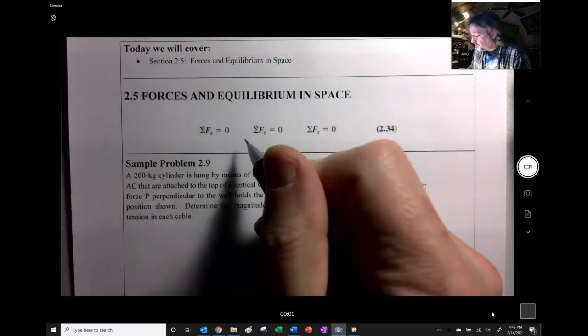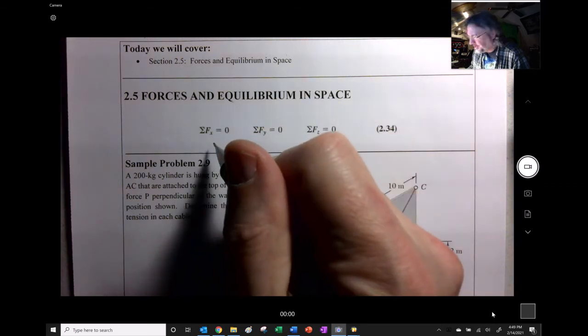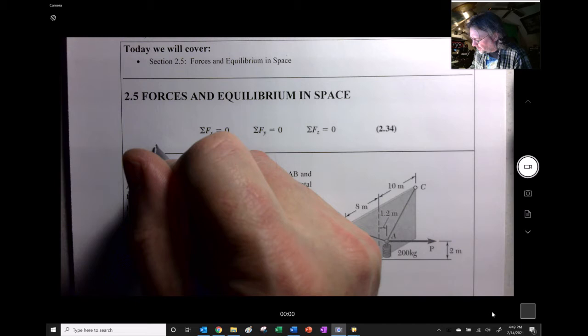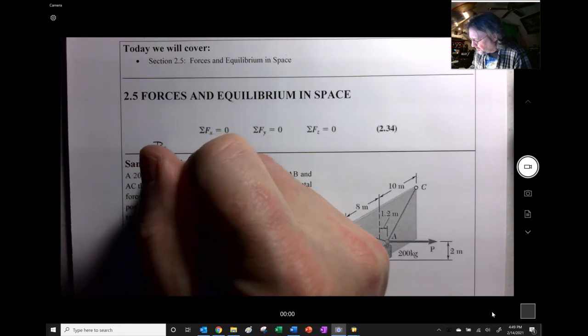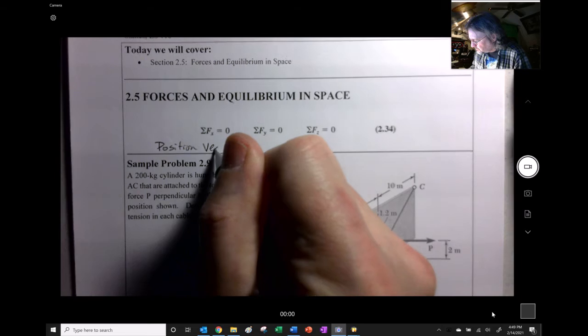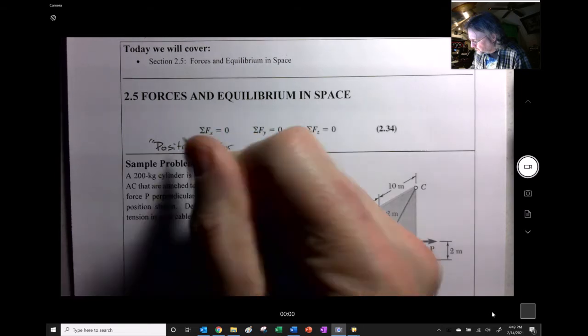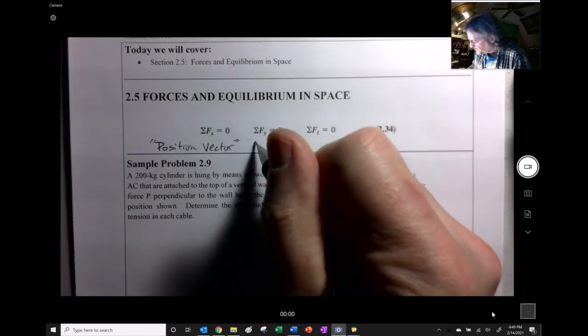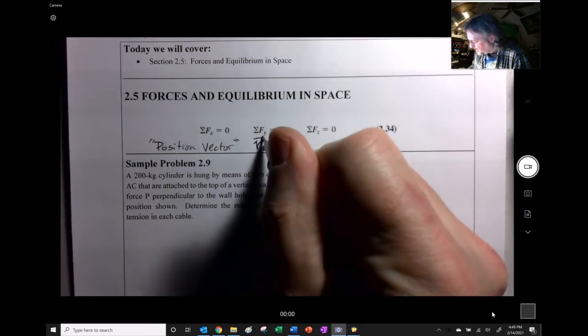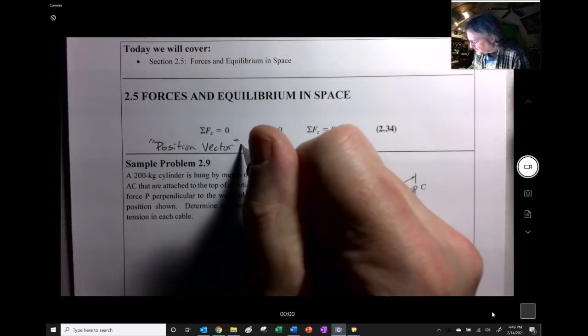And that nomenclature is going to be, I'm not sure if we've done this yet, a position vector. Let me write this out here. A position vector is going to be something like r_B with respect to A. That's like an example.